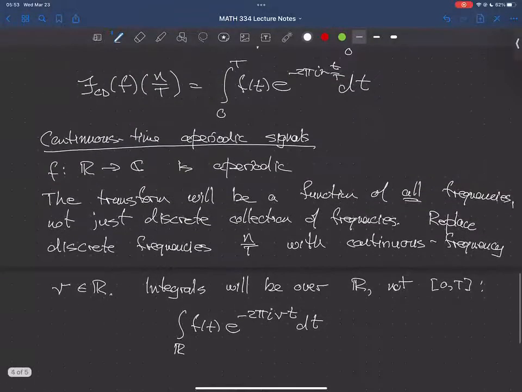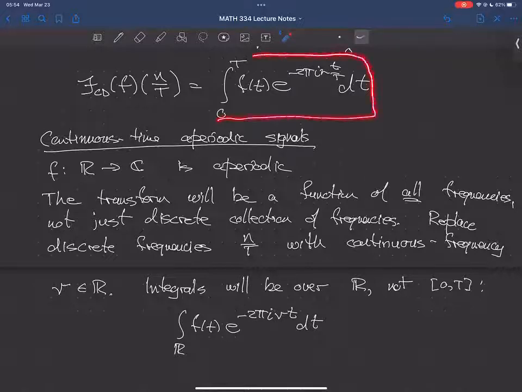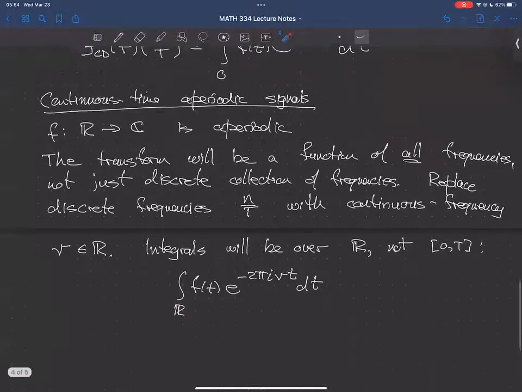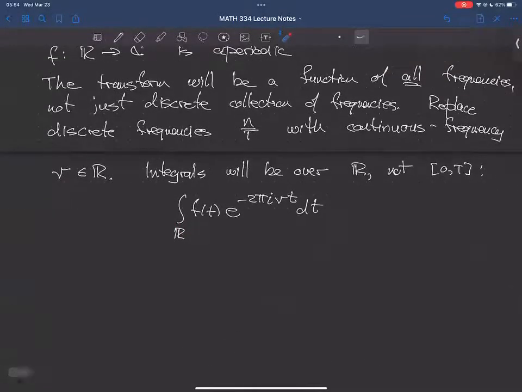Right. And so again, the way that I'm asking you to swallow this is by analogy. I have this formula, which we can kind of justify in some way. And then I'm going to do some adaptations to this formula to motivate how we talk about aperiodic signals. So the frequency variable and the integral are adapted from here, but using the fact that we don't have any natural frequency, 1 over T in this case.